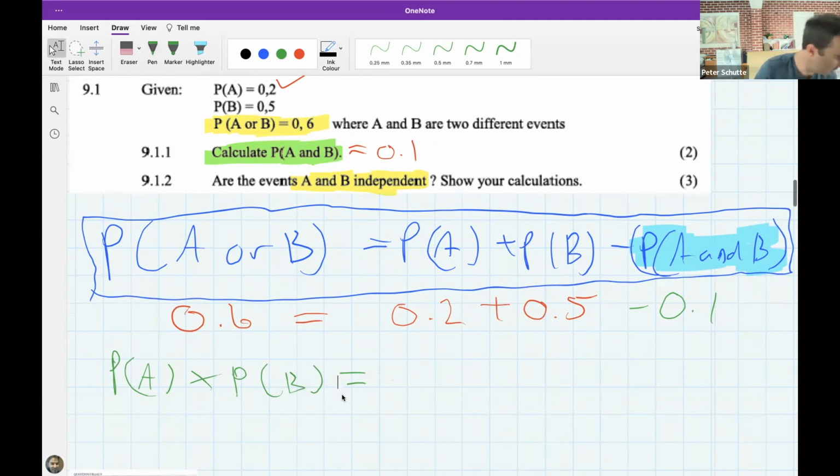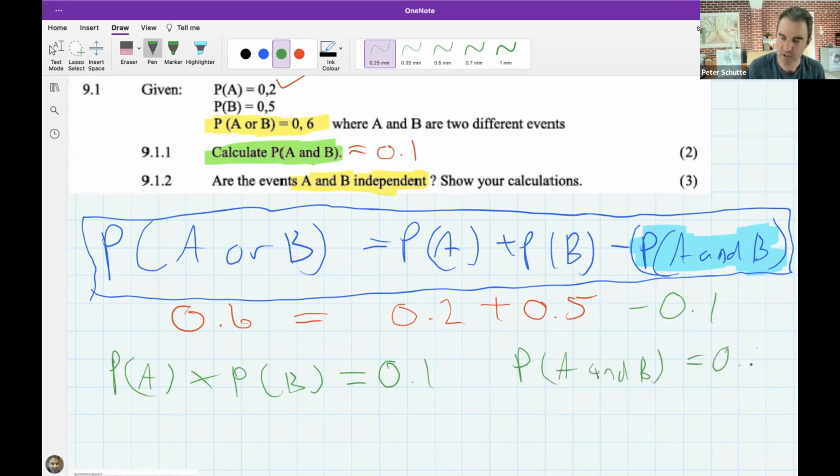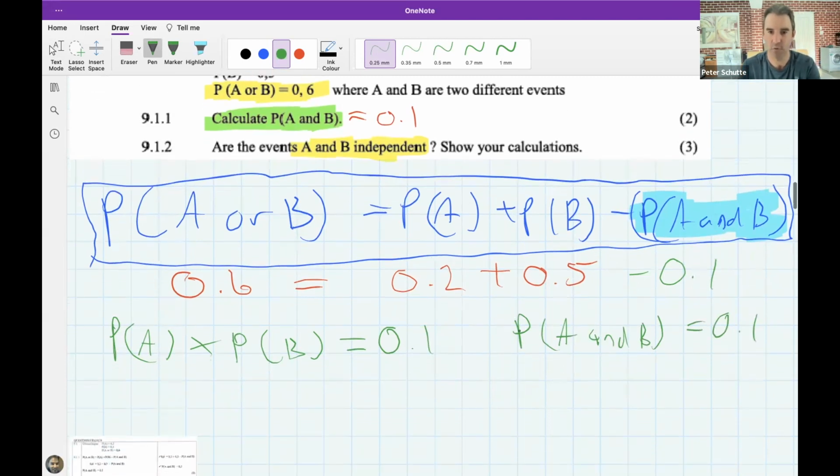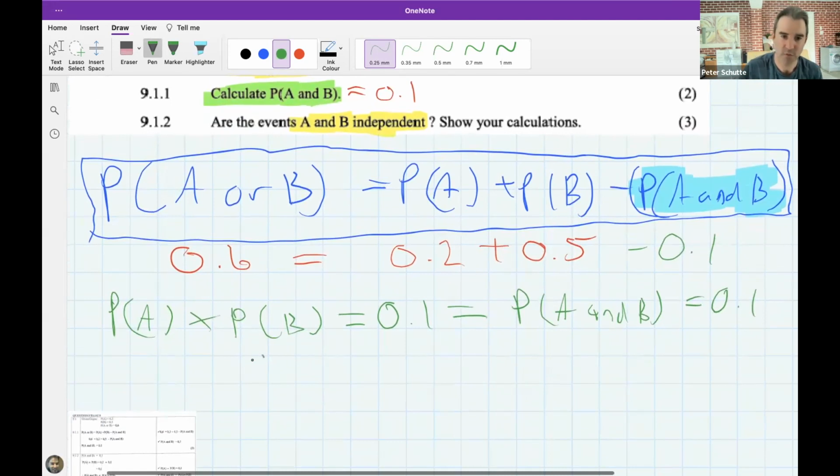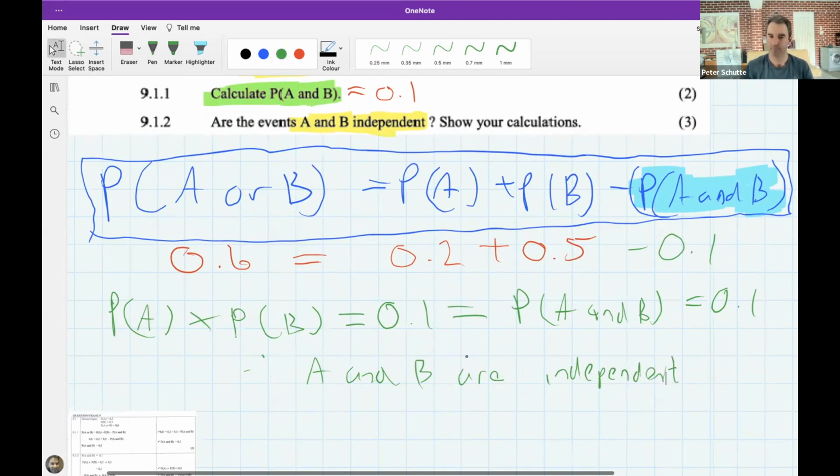So using my calculator, I get 1/10, or 0.1. The probability of A and B, we found earlier in the question, was 0.1. So therefore, these are equal to each other, and therefore A and B are independent. And that's it. Simple as that. When they're equal, they're independent.